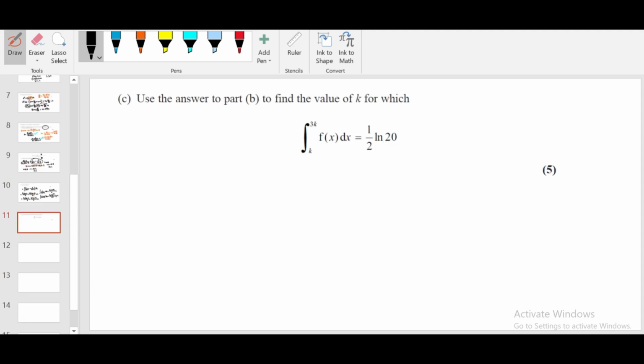Now the same thing, the definite integral now is equal to this. So they want you to find the value of k. So I'm going to take the answer from the previous part. In the previous part we got 1 over 2.